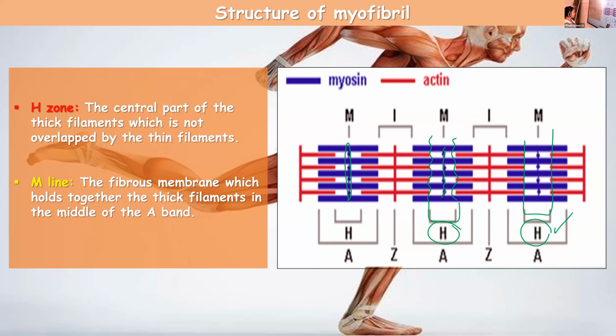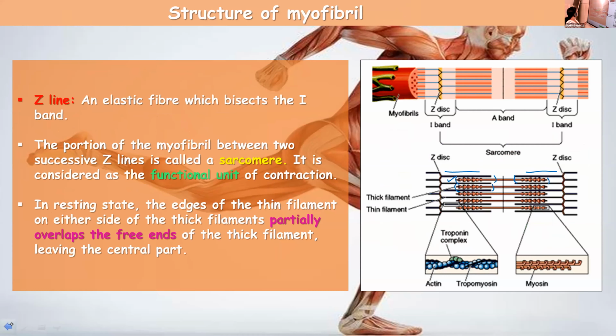M line is a fibrous membrane which holds together the thick filaments in the middle of A band. I'll just quickly recap what we learned. Z line is the elastic fiber which is bisecting the I band. Now, sarcomere is the portion of the myofibril between two successive Z lines.